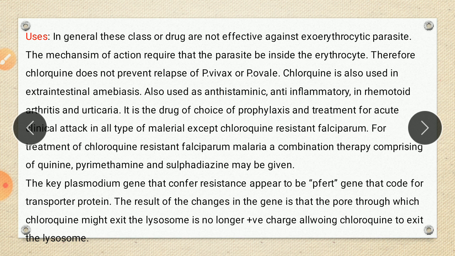So when resistance develops due to alteration in the PfCRT gene, there is no positive charge on the membrane, and therefore chloroquine exits the lysosome. In order to keep chloroquine inside the RBC, there should be a positive charge on the lysosome, but due to resistance this positive charge is not there, and therefore chloroquine leaves the lysosome, so it produces the resistance.